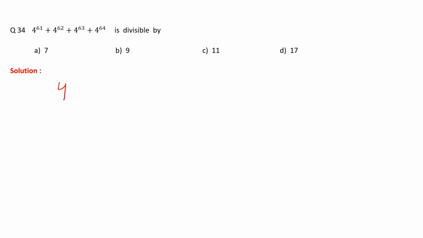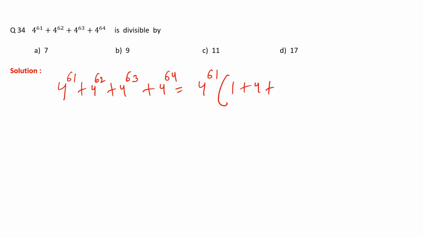Now in this question, 4 to the power 61 plus 4 to the power 62 plus 4 to the power 63 plus 4 to the power 64 can be written as 4 to the power 61 common. Inside the bracket, we can write 1 plus 4 plus 4 square, which is 16, plus 4 cube, which is 64.